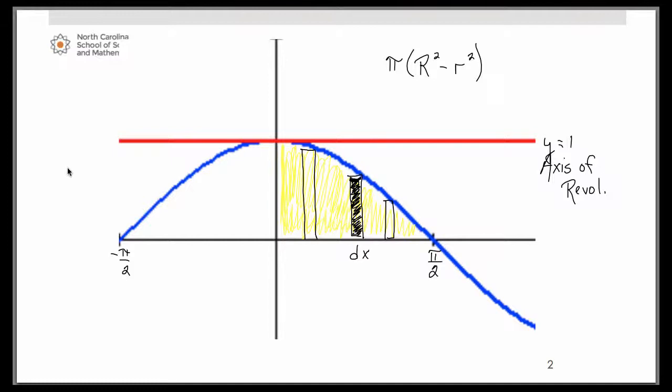So big R is going to be this distance here. So let's go ahead and get an expression to represent that. So we'll use the idea of top minus bottom. So at the top, we're hitting that horizontal line y equals 1. At the bottom, we're hitting the x-axis at 0. So big R simply is 1.